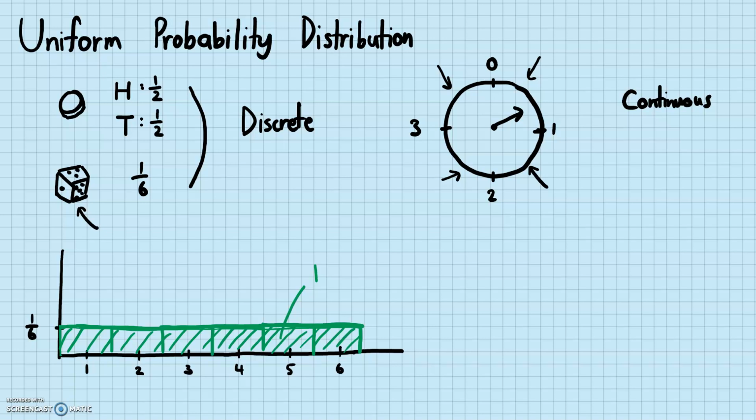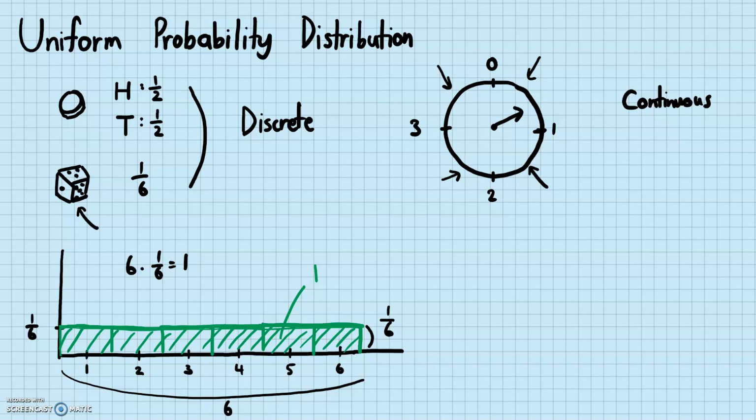And the area is easy to calculate because this is a rectangle. The height right here is 1/6. The length of the whole thing is 6 units, so that's 6. When you multiply 6 times 1/6, you should get 1. So the area of that rectangle should be 1.